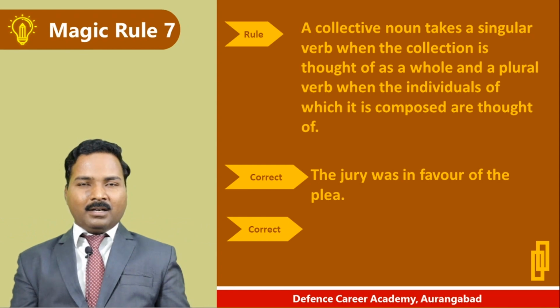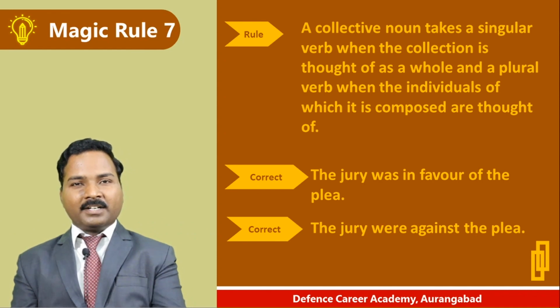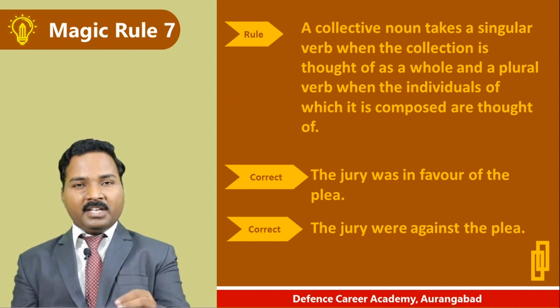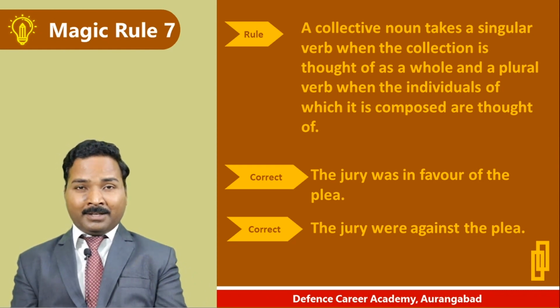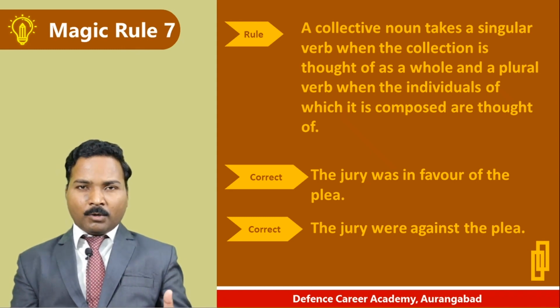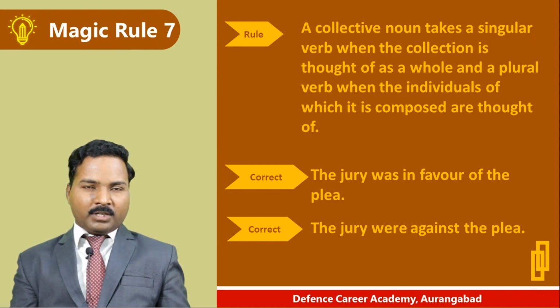But when that collective noun is not used to denote that the members of that group are united, means it indicates in some way or by some particular word that the members of that group are sharing different opinions about a particular thing, in this case we will have to use a plural verb. You can see in this example that the jury were against the plea.